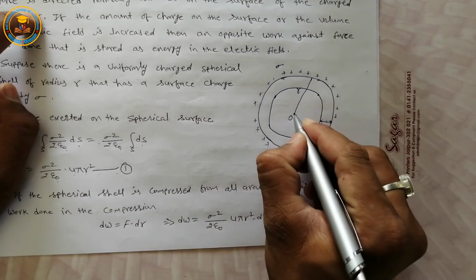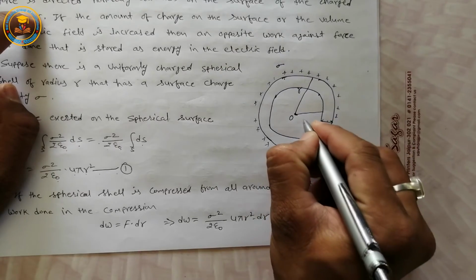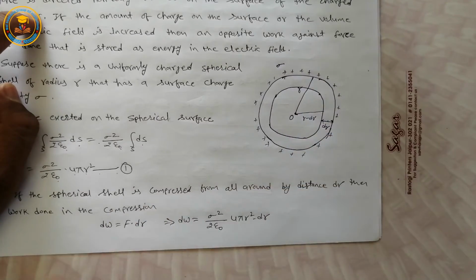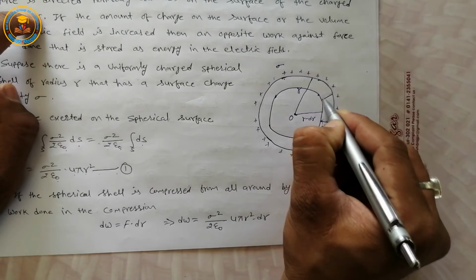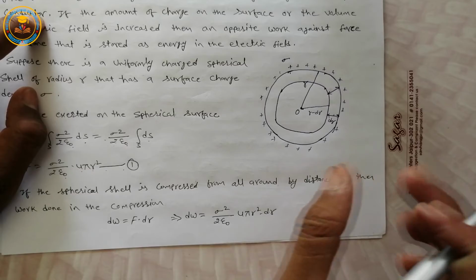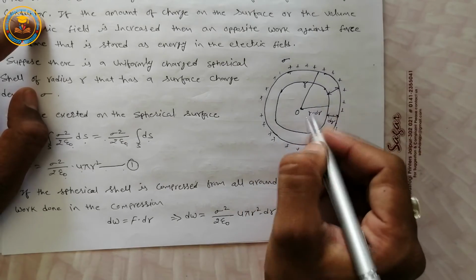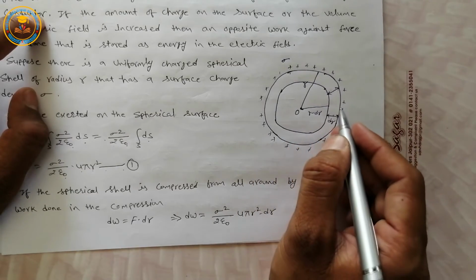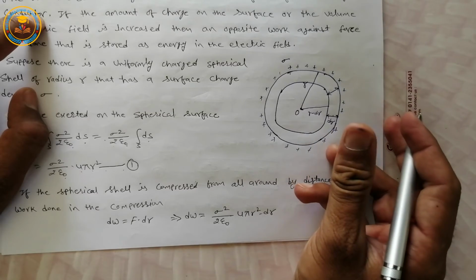So now the radius is r minus dr. This is the compression dr. Okay, then the work done in this compression is equal to force into displacement.